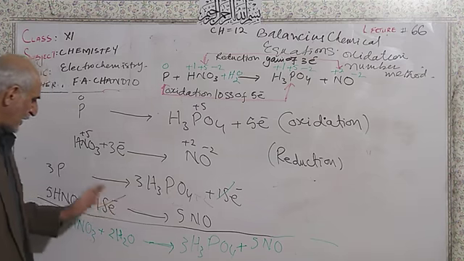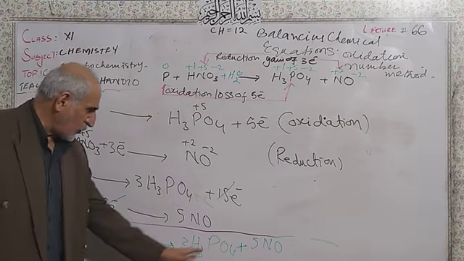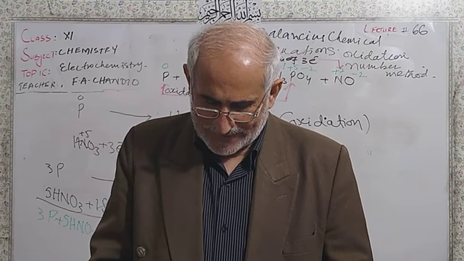Oxygen 3, 5 are 15, 15 to 17, 3 4 are 12 plus 5, 17, 3 phosphorus, and there are 5 nitrogen atoms. If you look your book, this is salt, and you will get the same answer.